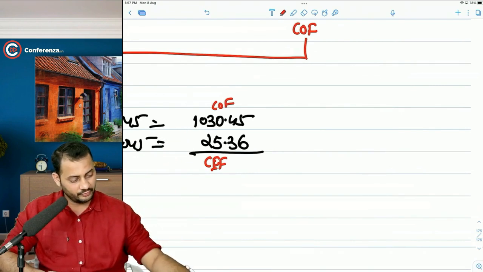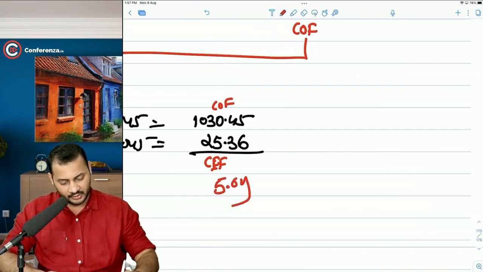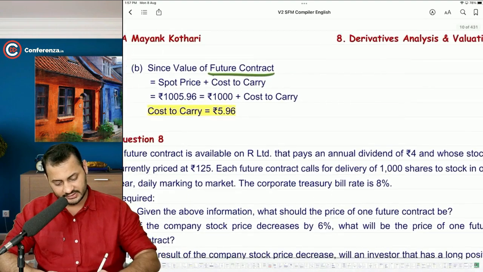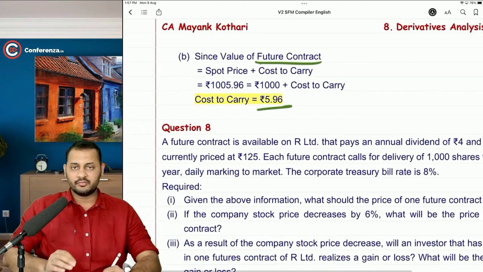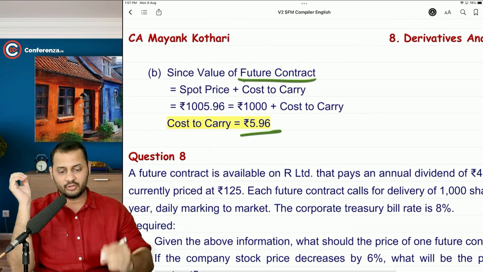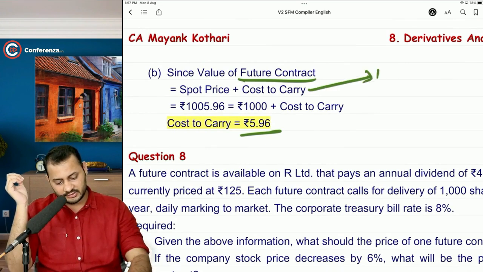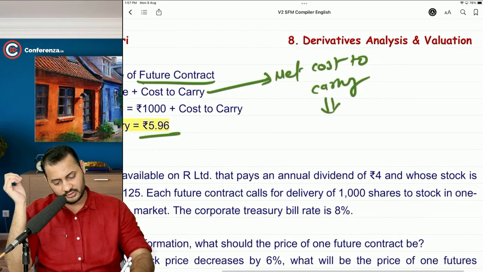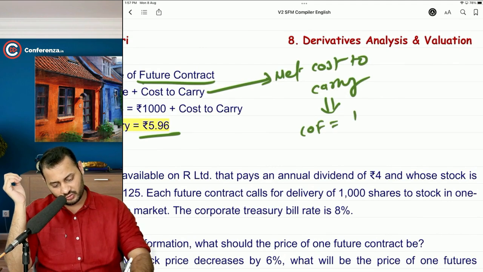So 30.45 minus 25.36 comes to 5.09 for me, and 5.21 here, and 5.96 here. That is all the rounding of differences. So this is the net cost to carry. I will call it a net cost to carry. This net cost to carry includes cash outflow of interest less cash inflow of dividend.